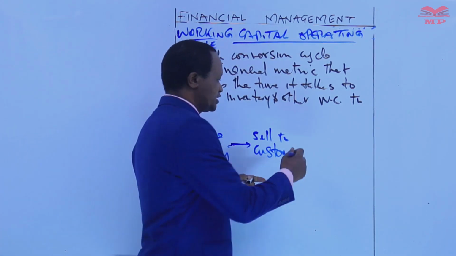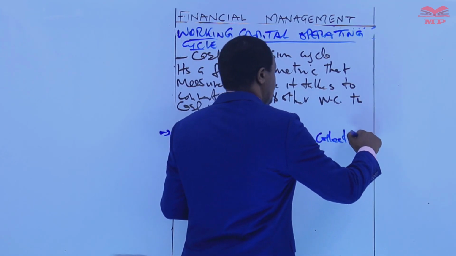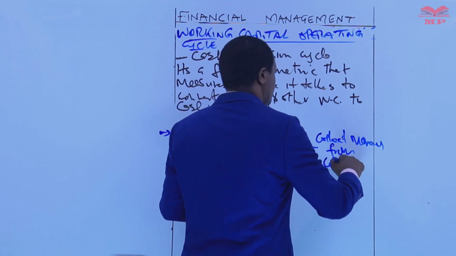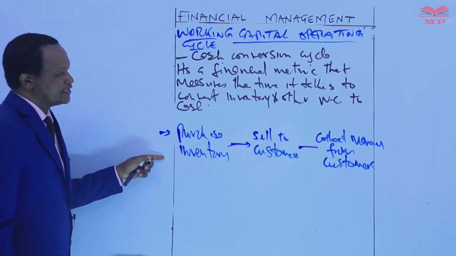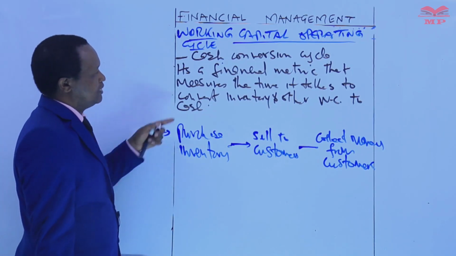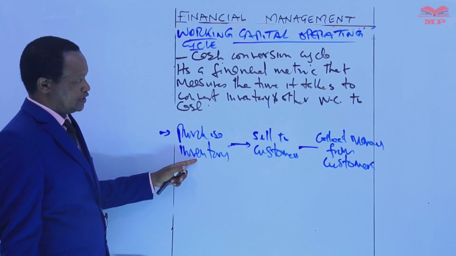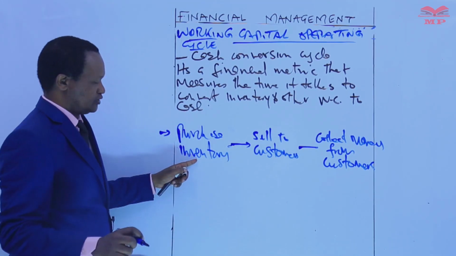Then it also takes time to collect money from customers. That's the cycle. It measures the time it takes to convert inventory. So you are buying inventory first, and it could be finished products or raw materials.